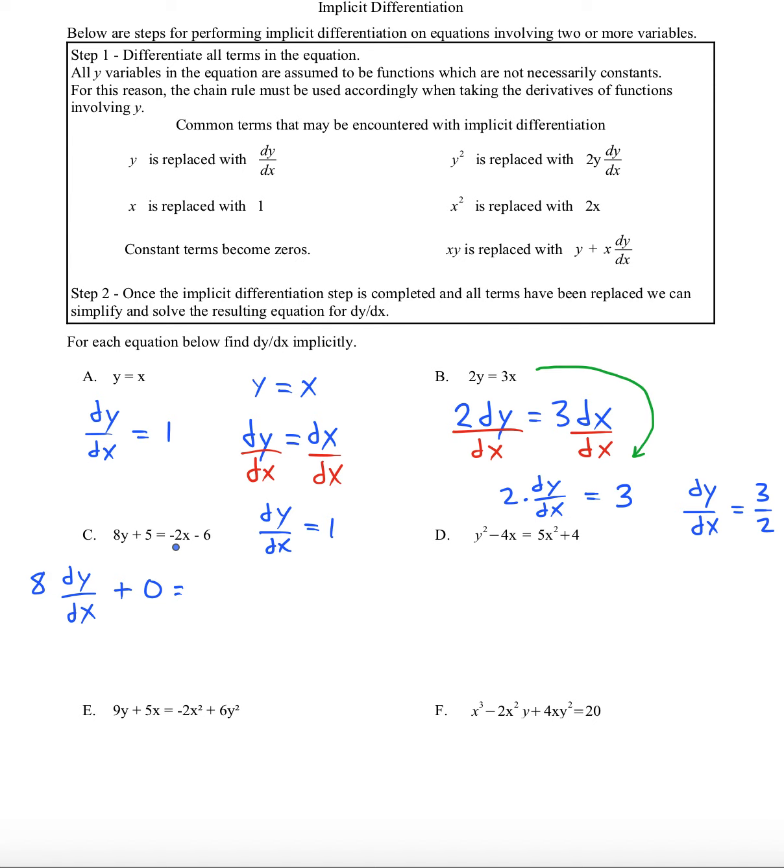Now, when we do the derivative of negative 2x, according to the guide above, x gets replaced with 1, so this will just become a negative 2. And then the derivative of negative 6 is 0. We now want to simplify. And we'll divide by 8. And there's our answer.